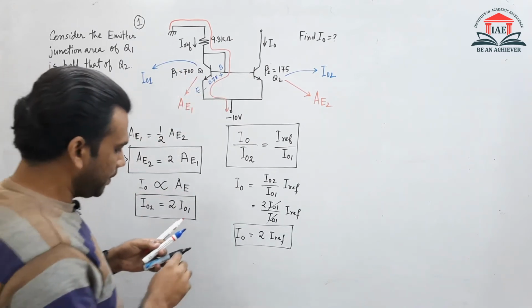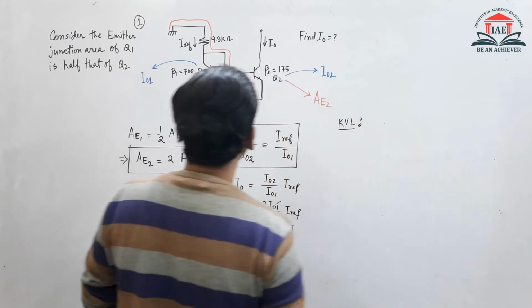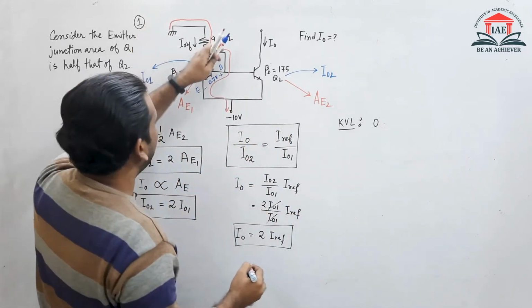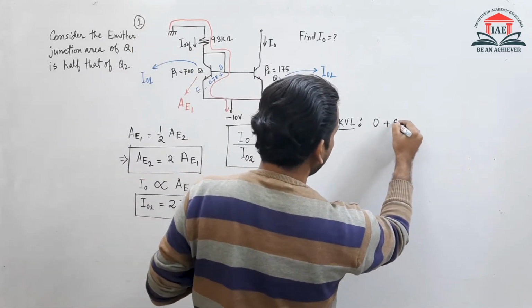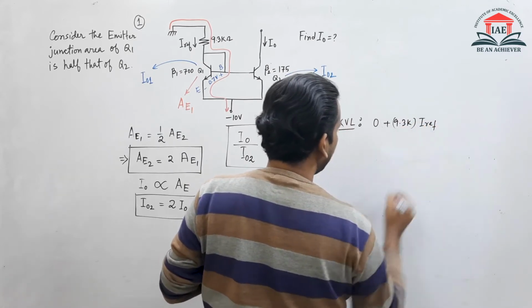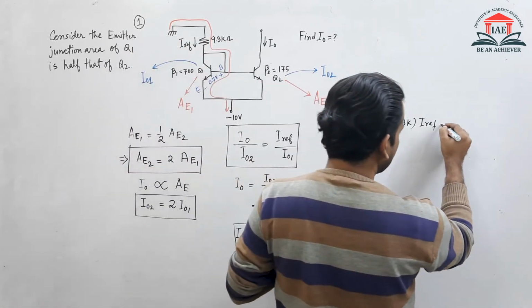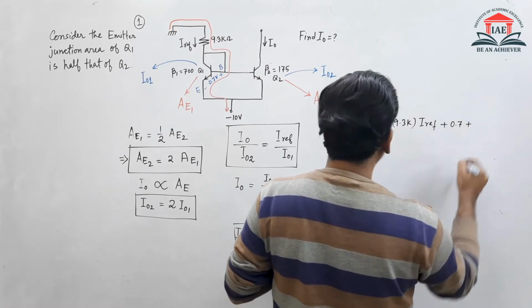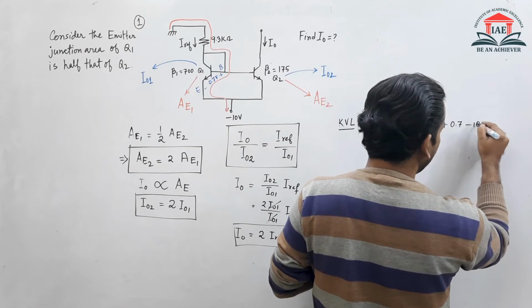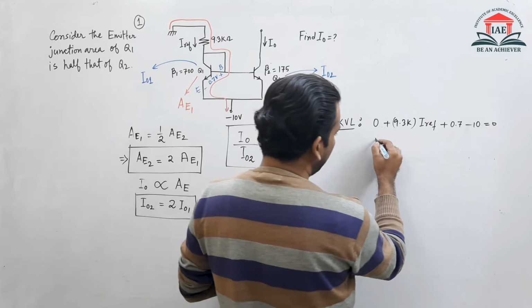So if we apply the KVL, the equation looks like this: here it is 0, so 0, then 9.3 kilo ohm times my I reference value. Now here it will be plus 0.7, so plus 0.7, then minus 10 volt. So this is the equation. Now from this equation we can find the value of I reference.